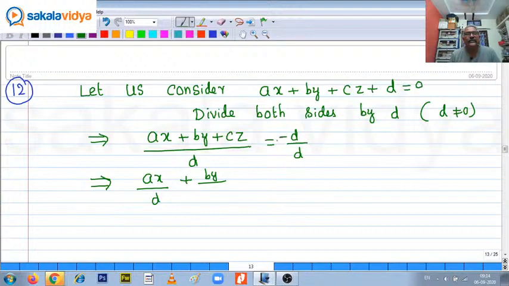Write this as ax plus by plus cz equals minus d. Divide by minus d: ax by minus d plus by by minus d plus cz by minus d equals 1.